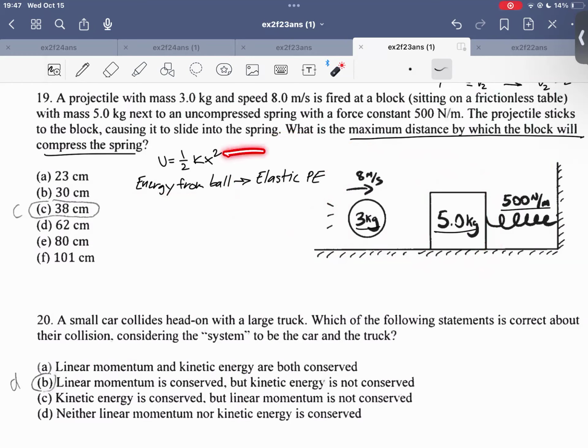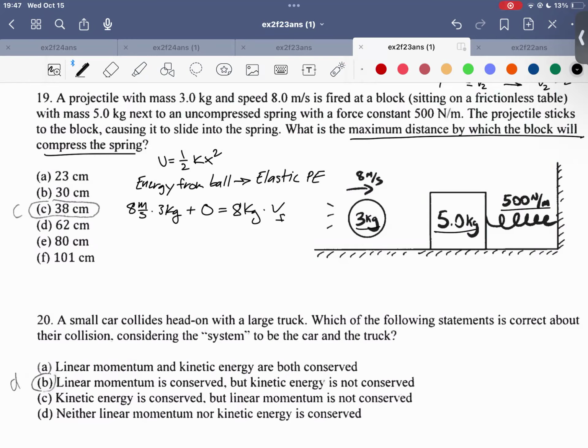So it looks like, yeah, okay. We're given this 8 meters per second times 3 kg. And this 5 kg is at 0, right? But they'll stick together for a total of 8 kg times velocity final.